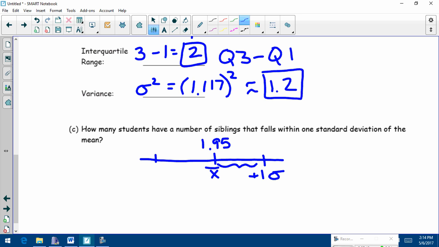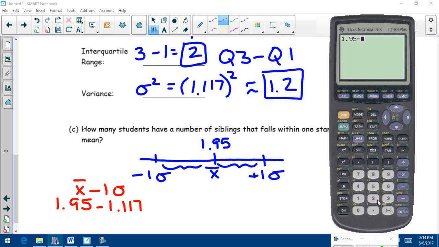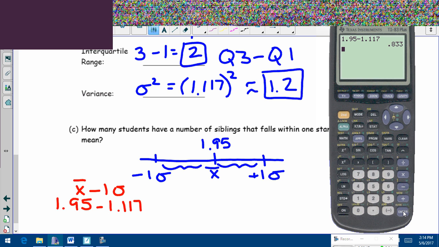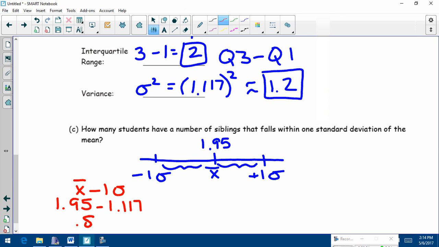To find the value at the mean minus one standard deviation, I would take that 1.95 and subtract one standard deviation, which is 1.117. 1.95 minus 1.117 gives me a lower bound of 0.833.